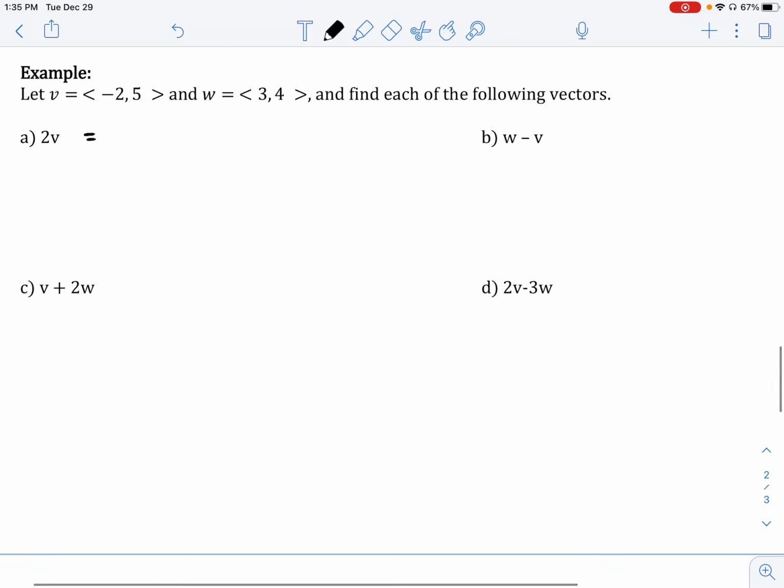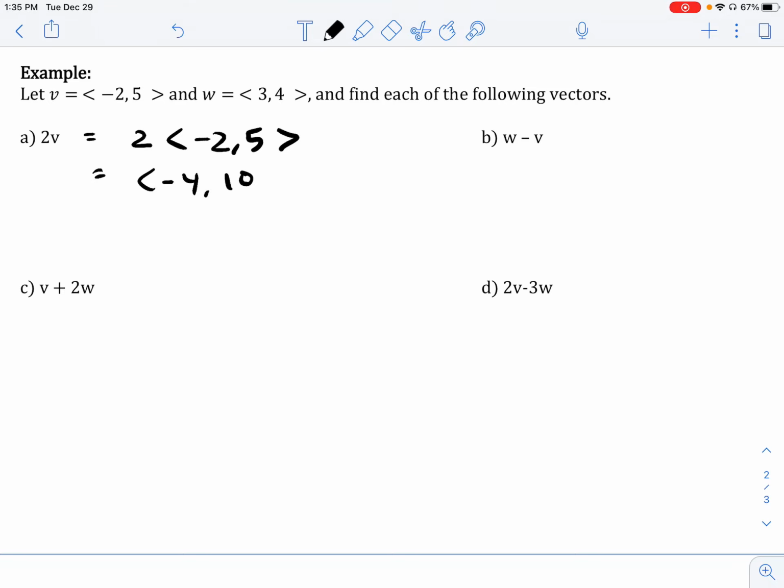Well, that just means we're going to take this vector v and multiply it by 2. So it's 2 times negative 2, 5. And what that would give us is negative 4, positive 10. If you know how to distribute numbers, then you can do these operations.